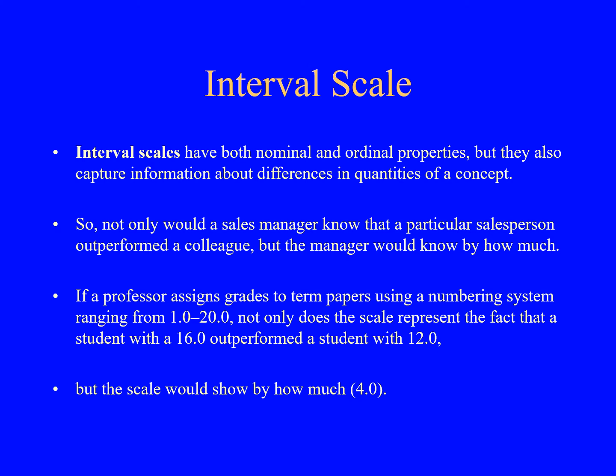If a professor assigns grades to a term paper using a numbering system ranging from 1 to 20, not only does the scale represent the fact that the student with 16 points outperformed a student with 12 points, but the scale would show by how much, that is 4 points.